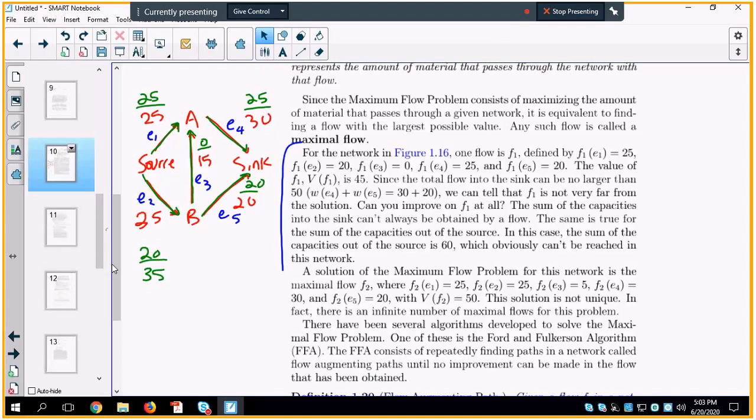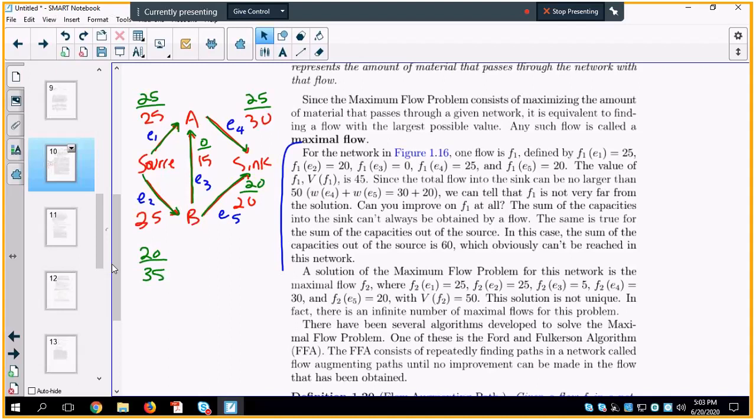So it's not always true that the sum of the capacities, which in this case would be 50, can actually be obtained. It might not be possible due to the capacities of the previous pipes or whatever it may be in the network. The same is true for the sum of the capacities at the source. In this case, the sum of the capacities at the source is 25 plus 35, 60, which obviously can't be reached in this network because the capacity of the sink is only 50.